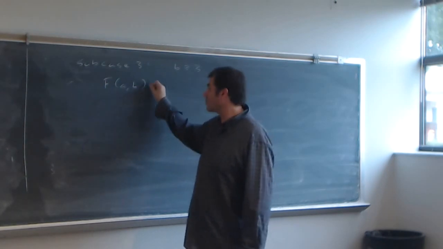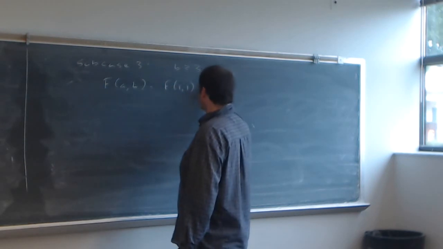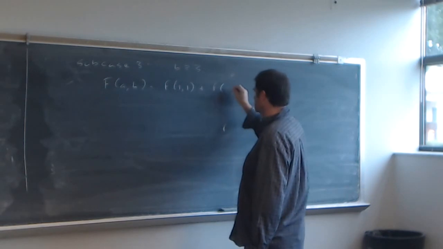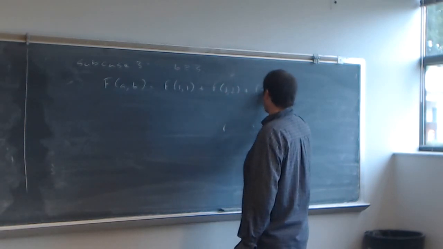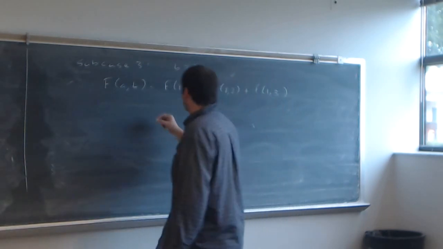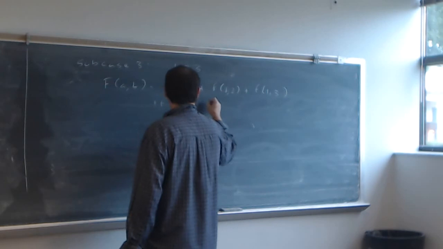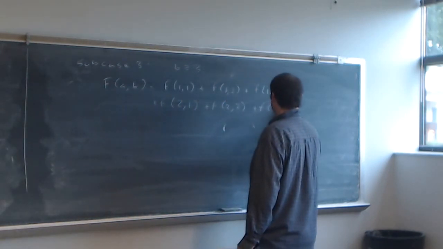So this ought to be equal to 1, but the way we can write it down is F of (1, 1) plus F of (1, 2) plus F of (1, 3) plus F of (2, 1) plus F of (2, 2) plus F of (2, 3).